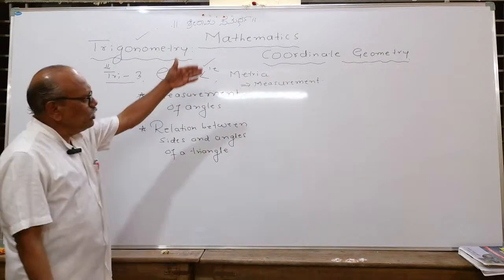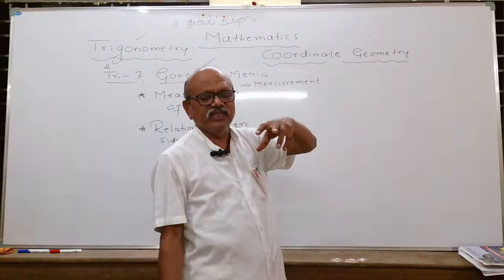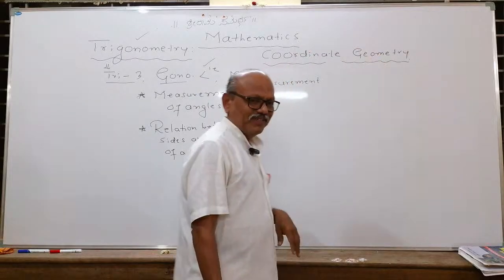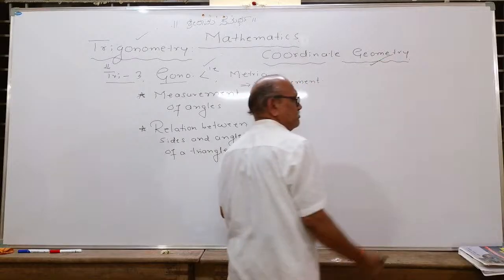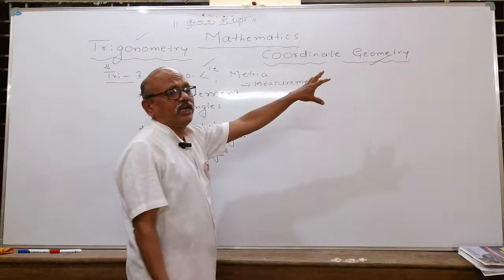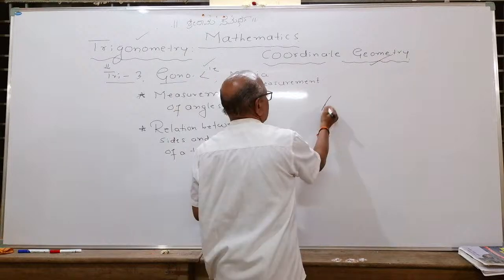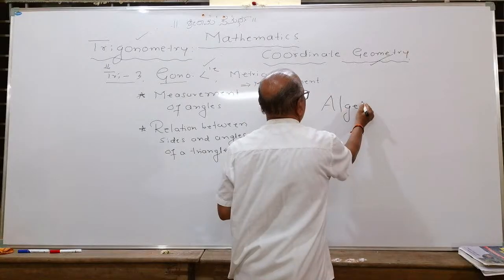Another new branch, introduced in the 9th standard and developed now, is coordinate geometry. It is a development of geometry. Coordinate geometry can be defined as a bridge between algebra and geometry.